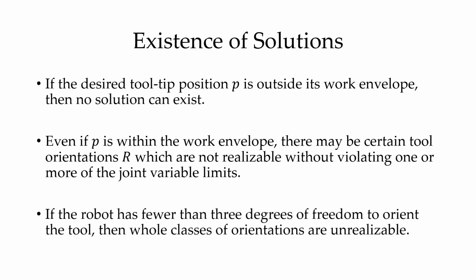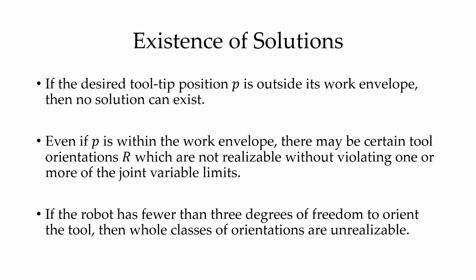If the robot has fewer than 3 degrees of freedom to orient the tool, then whole classes of orientations are unrealizable. We have already seen that for orienting a robot in any direction, we need 3 degrees of freedom. It should independently rotate about three different axes.